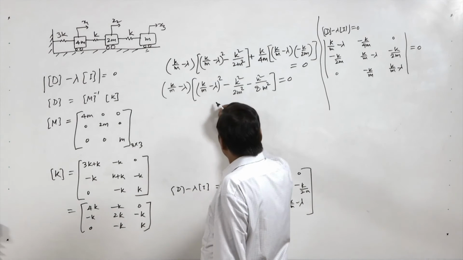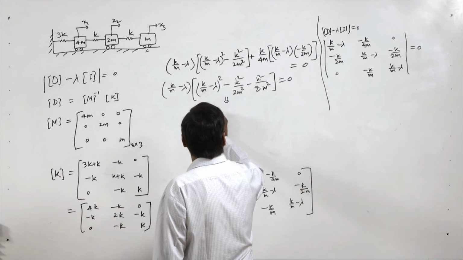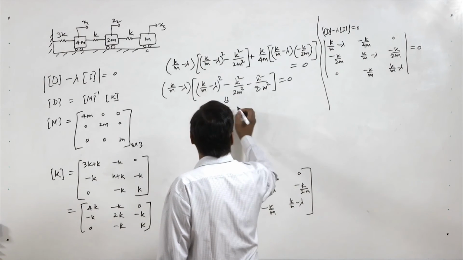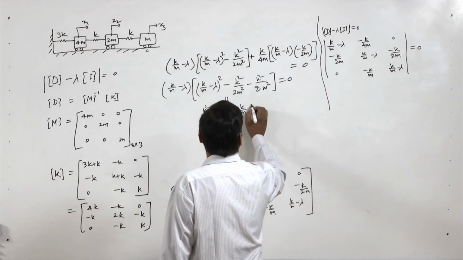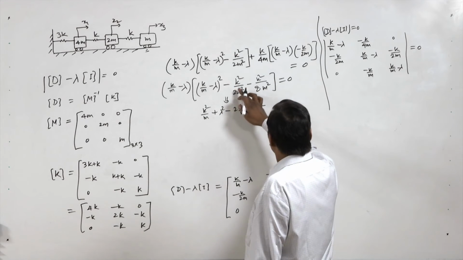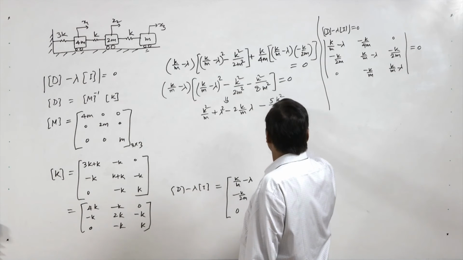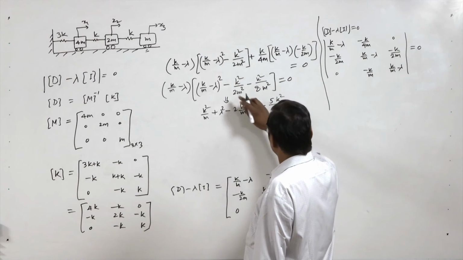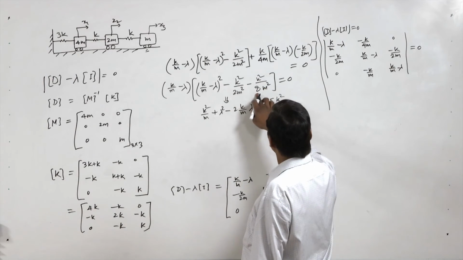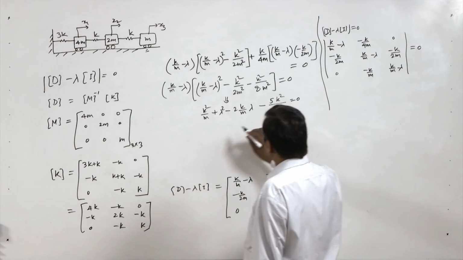So now we take this term. This is k square by m square plus lambda square minus 2k by m lambda, and this is 5k square by 8m square. So this is 4 by 8 m square, and this is 1 by 8. So it is 5 by 8 k square by m square, that is equal to 0.